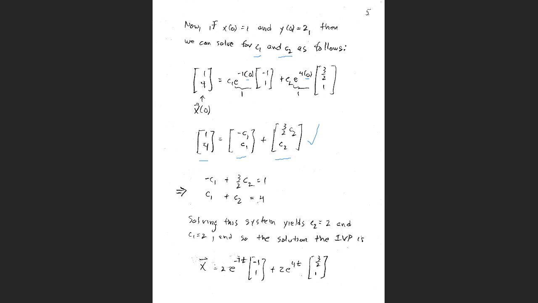The first vector, negative C1, C1, you just get by taking C1 and multiplying it by negative 1, 1. So that scalar multiplies each component.